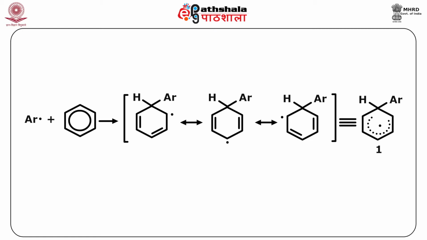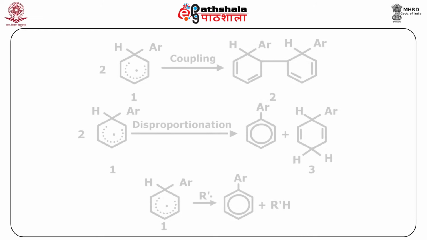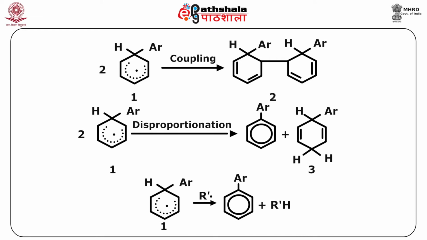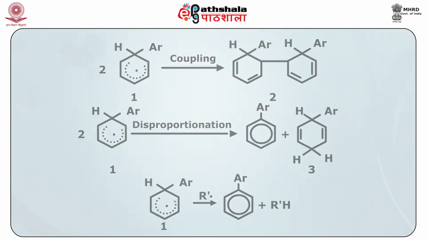The radical formed is resonance stabilized, as can be seen from the resonating structures shown in the given figure. The radical can undergo coupling to give the product, or may undergo disproportionation to give another product, or can undergo the removal of a hydrogen free radical to form a biaryl.